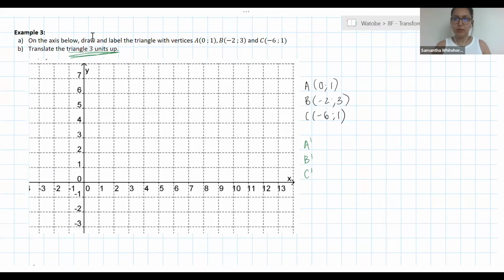All right, guys, and remember coordinates: x first and then y.